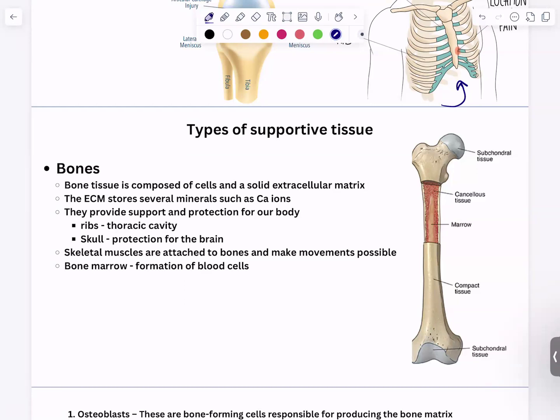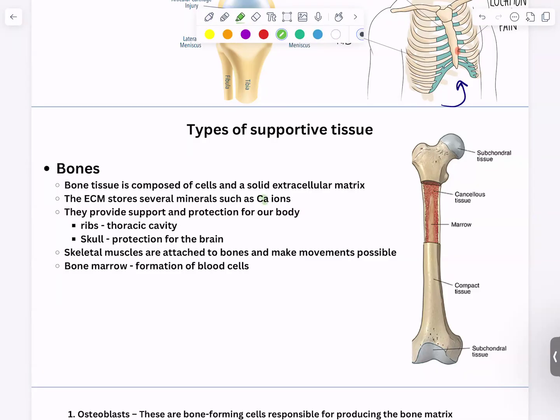Why? Because it depends on the type of connective tissue. But the bones, as a part of the connective tissue, have the solid extracellular matrix, but something is important.